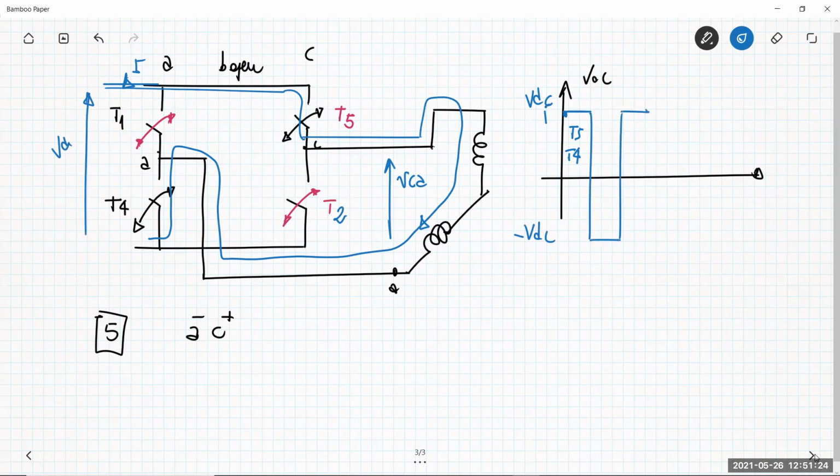So as you can see, there is a situation in which effectively you have a bipolar voltage.